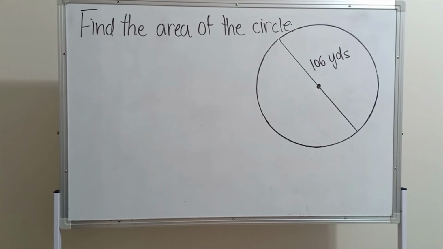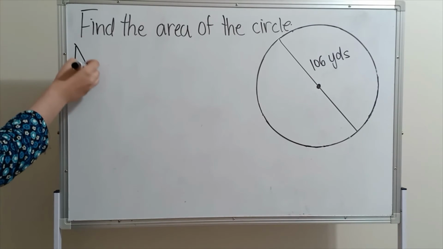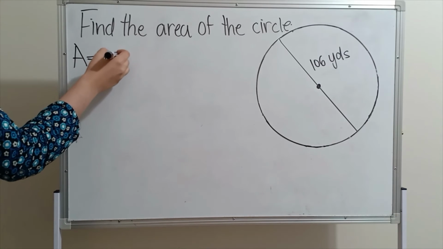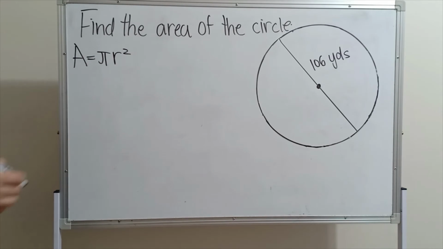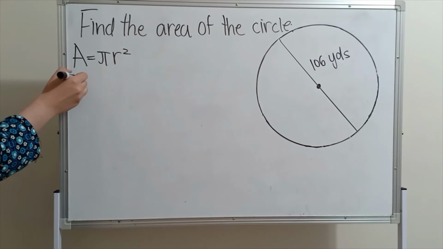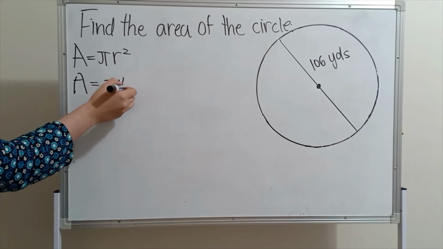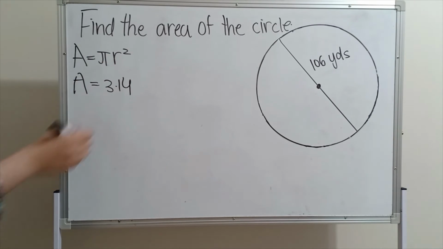Here we have our first question. We are going to first write the formula that we learned. A equals pi r squared. Now let's start substituting. So A equals 3.14 times r.